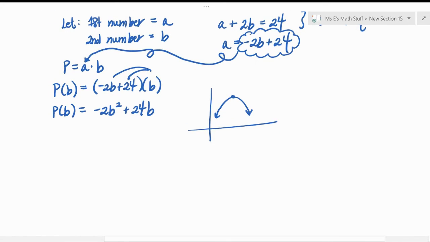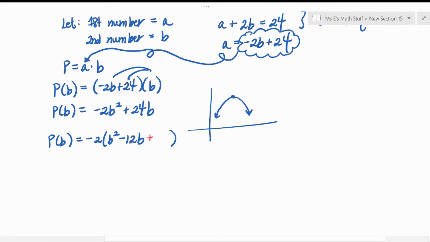I'm going to complete the square. So the product in terms of the second number: remember to factor out the leading coefficient, leave a gap, and then remember the magic ingredient that goes there. You just divide by 2 and square the result.